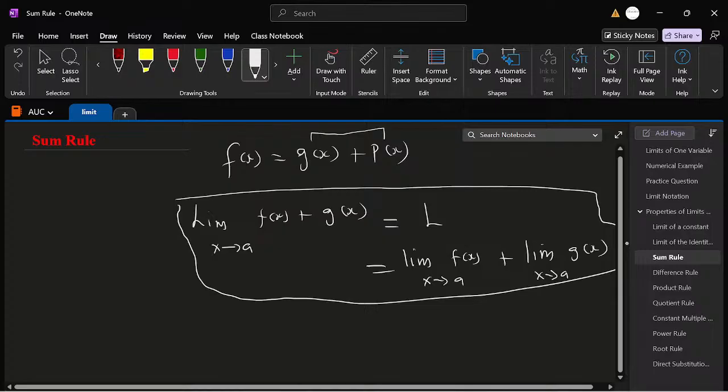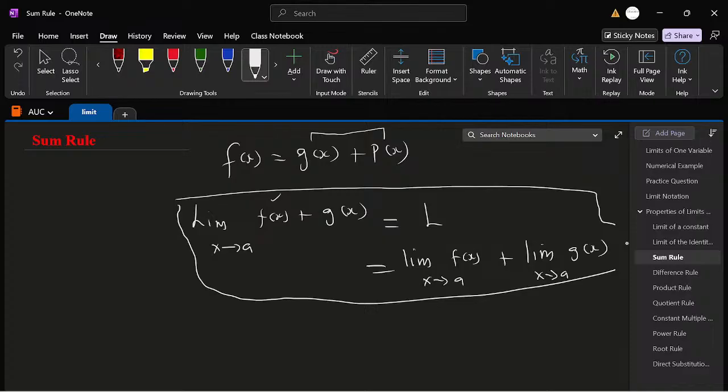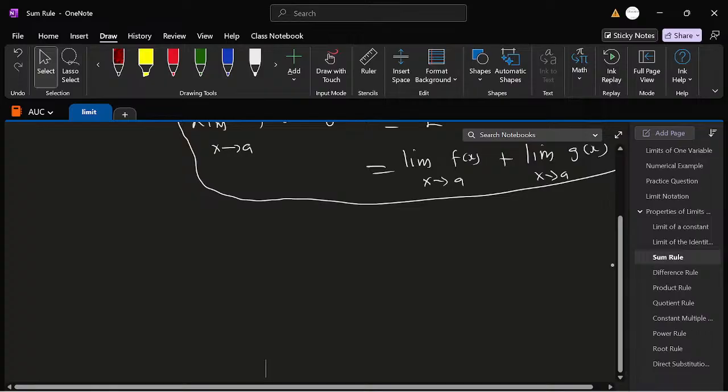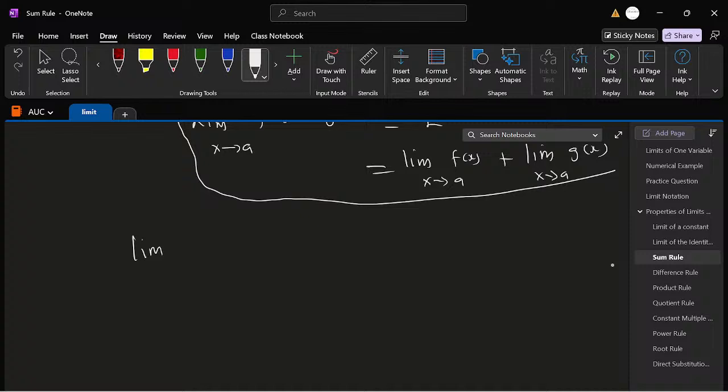So you can actually separate them and let the functions have a unique limit each, with different limit notation. Let's look into an example. Let's say you want to evaluate the limit as x approaches 2 of x squared plus 3x.